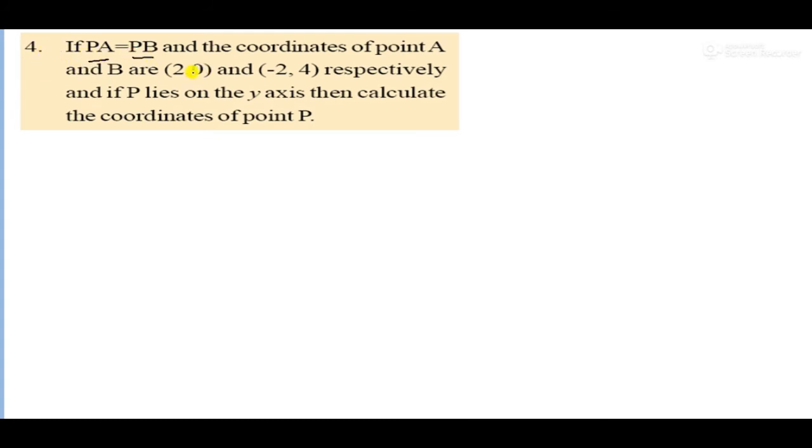So that is x2 is equal to 0 and y2 also 0. So distance formula, apply the distance formula. So distance is equal to under root of x2 minus x1 whole square plus y2 minus y1 whole square. It is the formula of distance.